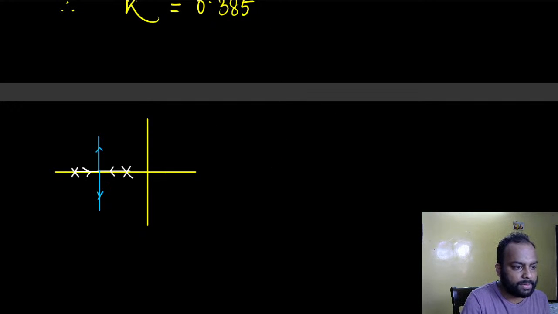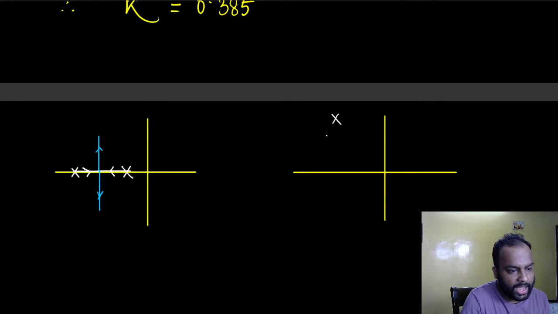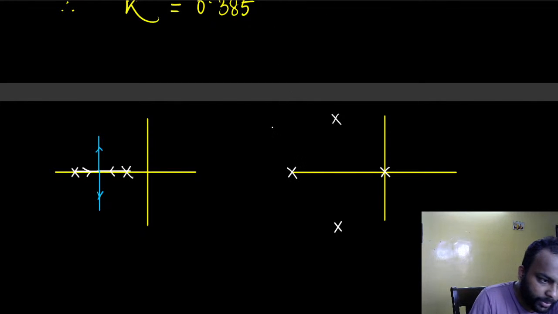Just to show you another example that could happen. Imagine I have a situation, and don't worry, I would give you the exact example of this one later on. If you go through my questions, you would see that this kind of example is there. It is a very nice example. These are the open loop poles again, and you would see for this particular example that this pole is moving in this direction, this pole would be moving in this direction, and this pole and this pole as I keep on increasing the value of gain k.